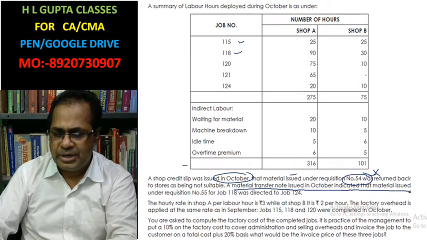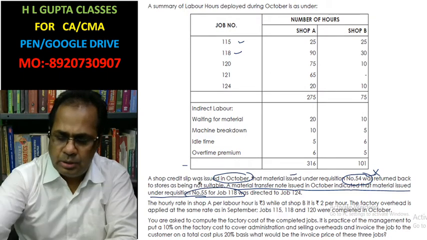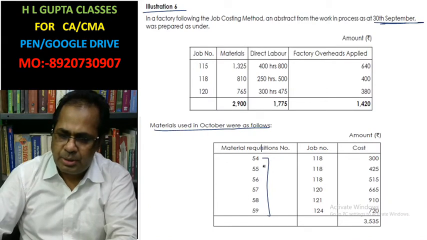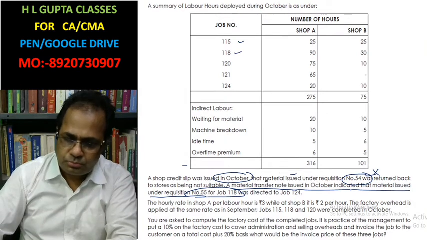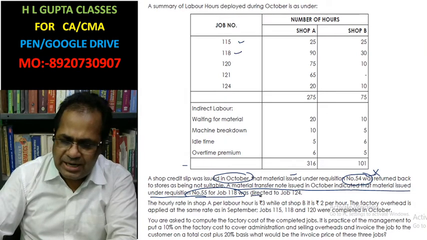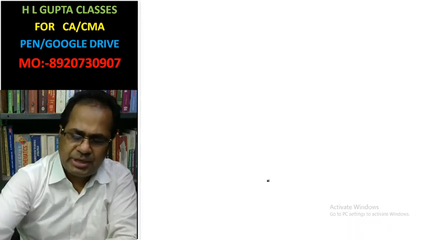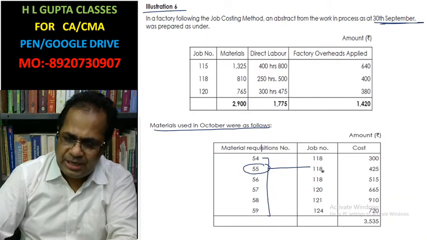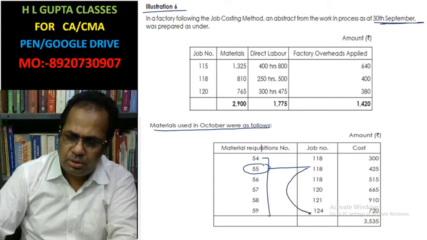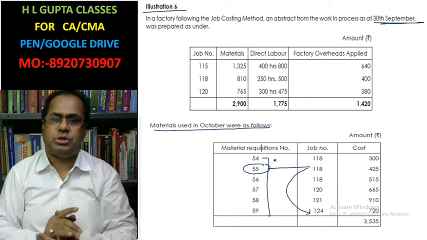It directed that the material issued under requisition number 55 for job 118 be transferred. Look here: job 118 material was directed to job 124. Actually this material was issued for job 118 but directed to job 124. It means this material is also not used for job 118.